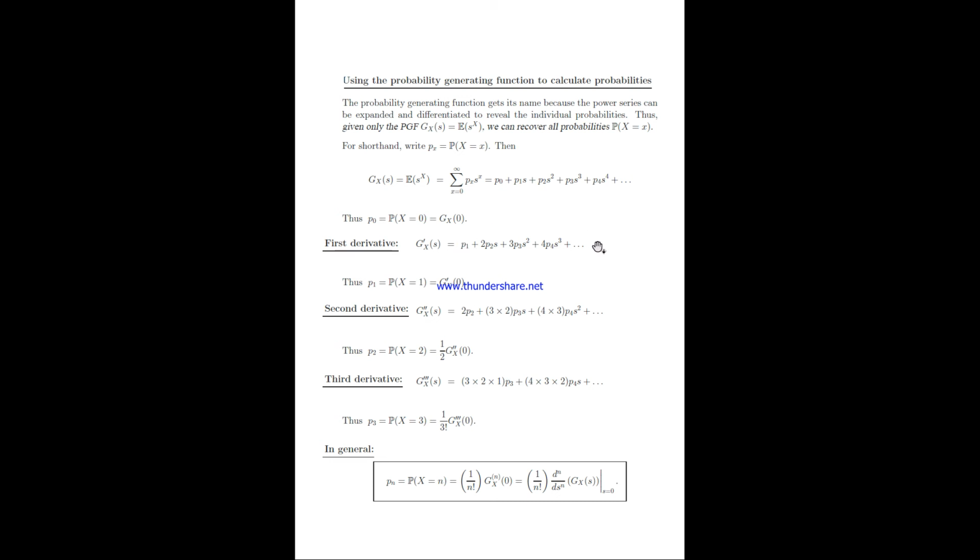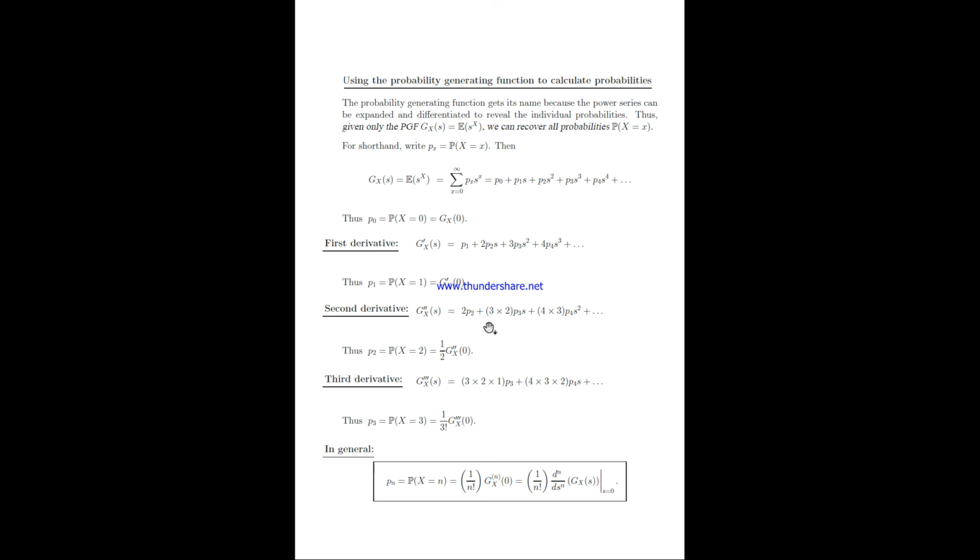When you take the second derivative of this, p1 will cancel out. Then you have 2p2 plus 3 into 2 into p3 into s, plus 4 into 3 p4 s squared, likewise. And when you substitute 0 here, the second derivative g''(s) is equal to 2p2.